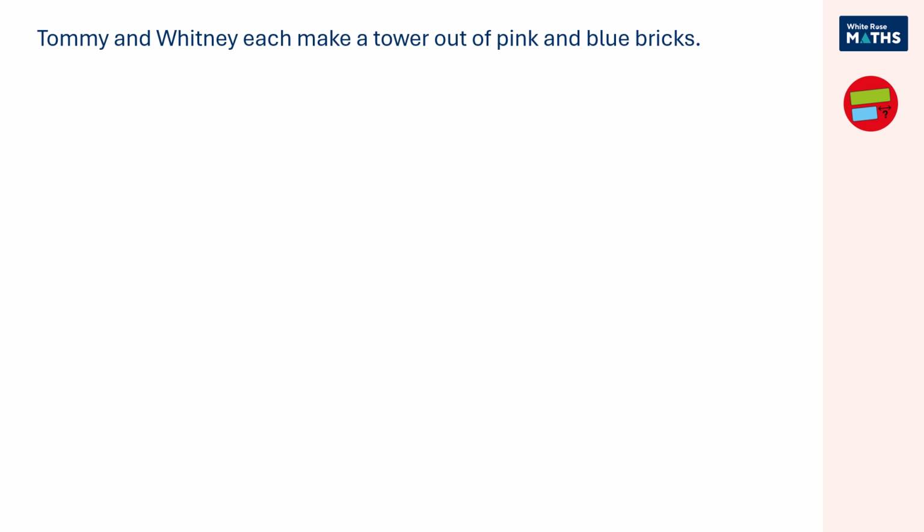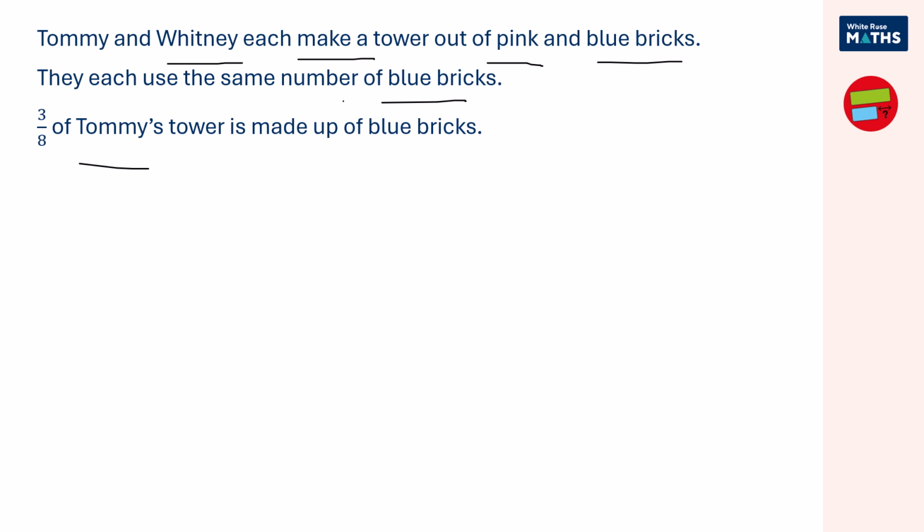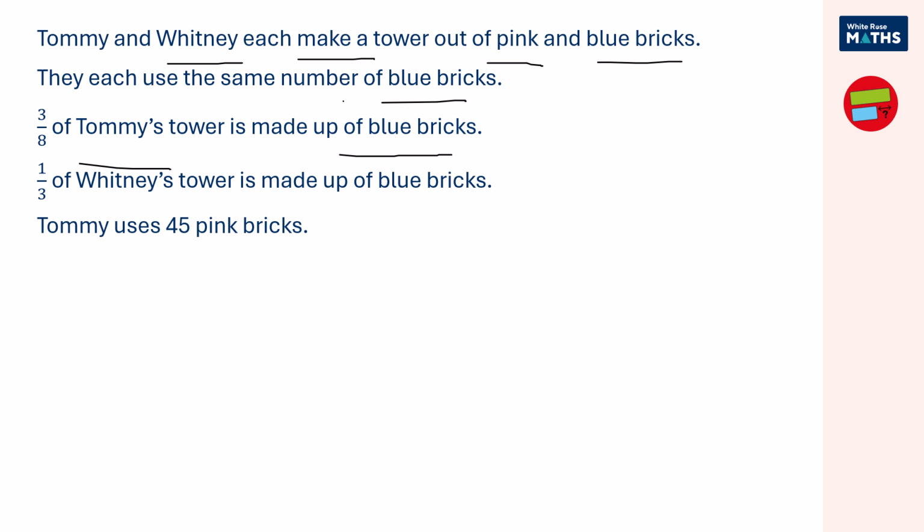Next part. Tom and Whitney each make a tower of pink and blue bricks. They use the same number of blue bricks. 3/8 of Tommy's tower is made up of blue bricks, and 1/3 of Whitney's tower is made up of blue bricks. Tommy uses 45 pink bricks. So that's going to be equal to 5/8.